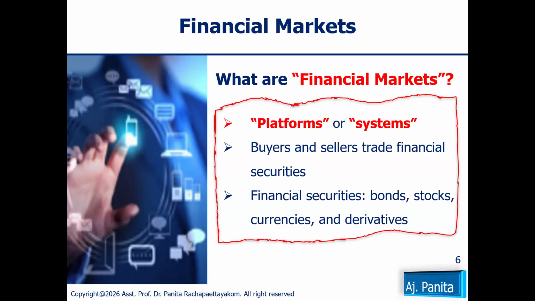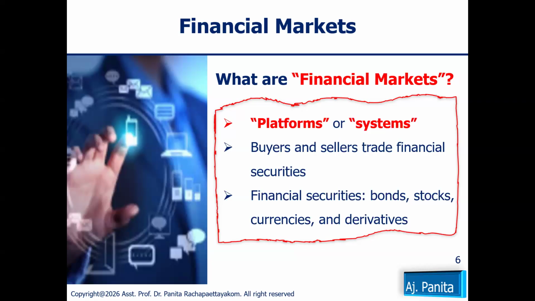The other word for financial instrument is financial security, such as government bonds, corporate bonds, stocks, currency, and derivatives. The keywords of financial market are here as the first bullet point, that is platforms or systems.